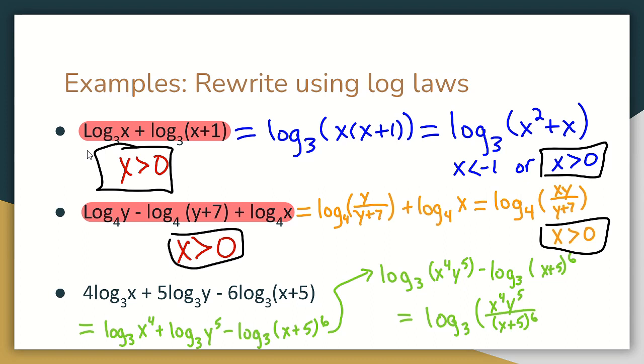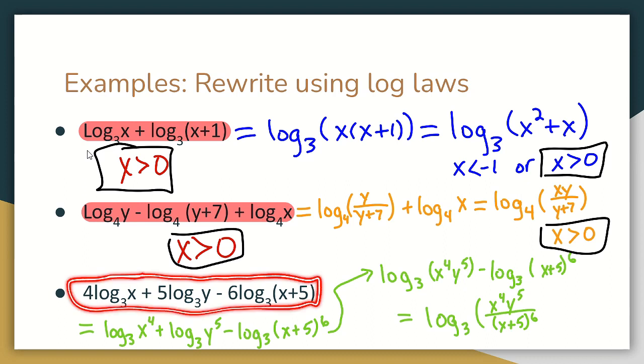All right. On this next one, here, if x is negative, it's okay because x to the fourth will always be positive. But here, if x is negative, that doesn't work. So x cannot be negative in this equation.